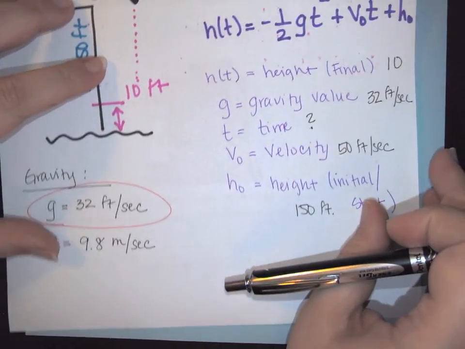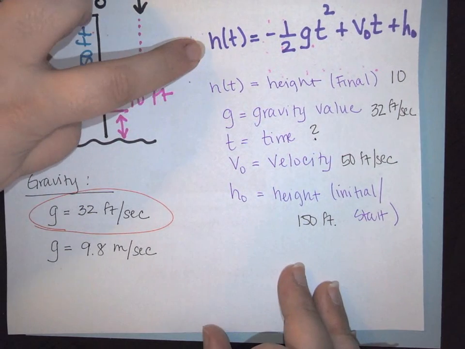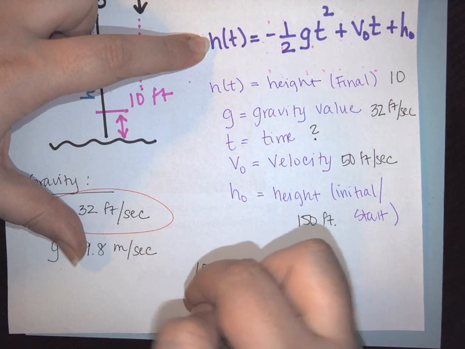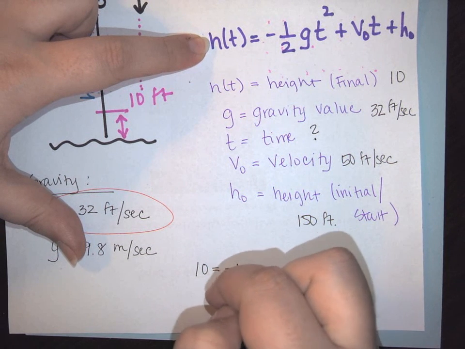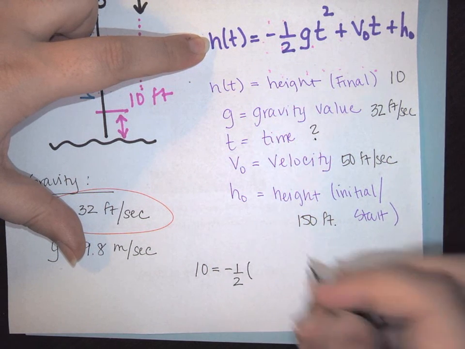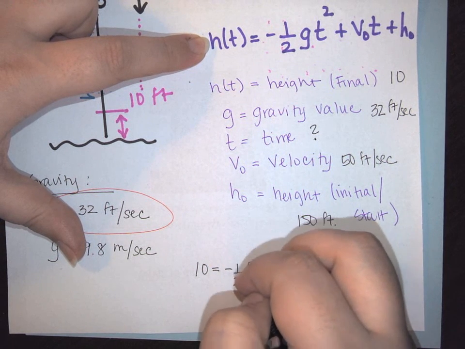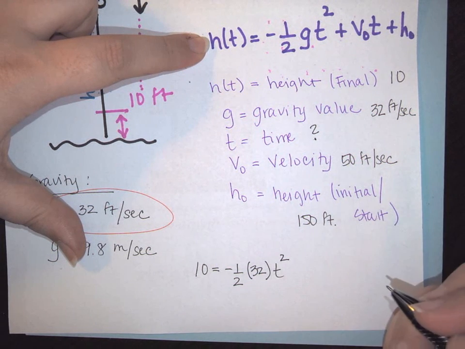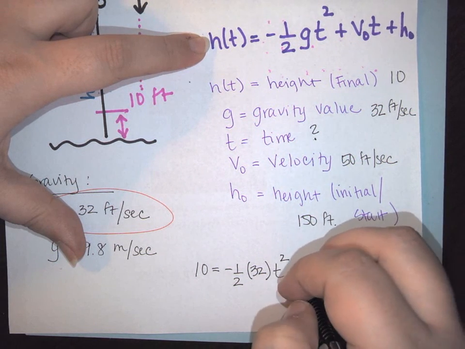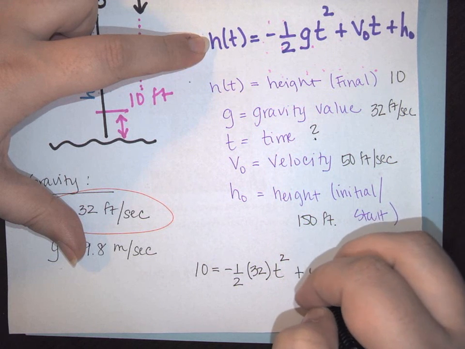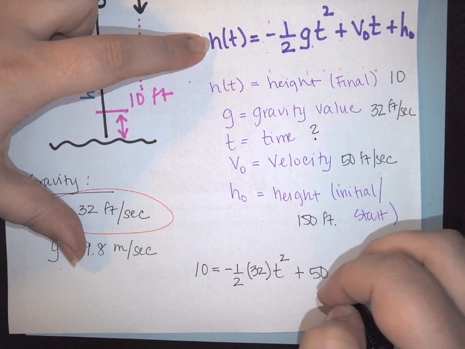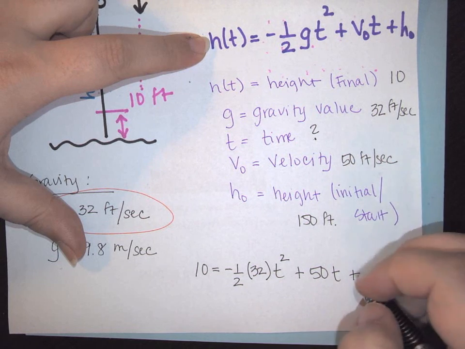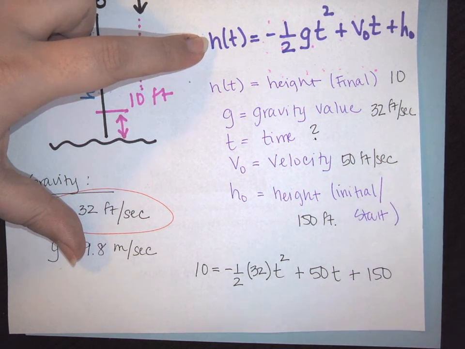So we have this formula here that says h of t, so your final height, 10, is equal to negative 1/2 your gravity, which was 32, t squared, we don't know t, plus that velocity, which was 50 feet per second, again we don't know t, plus your initial height of 150.